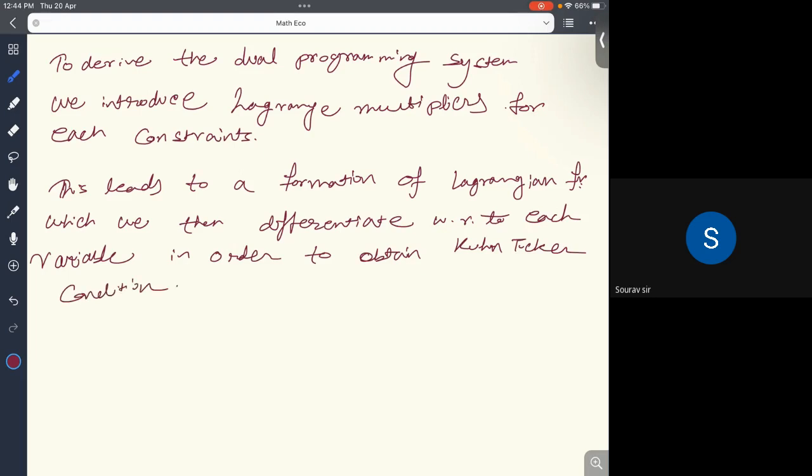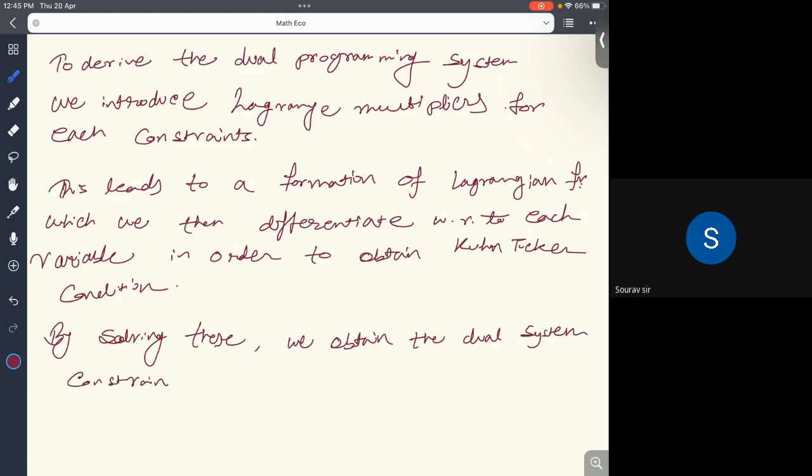By solving these conditions, we obtain the dual system constraints, which take the form of a minimization problem with dual variables corresponding to each input.